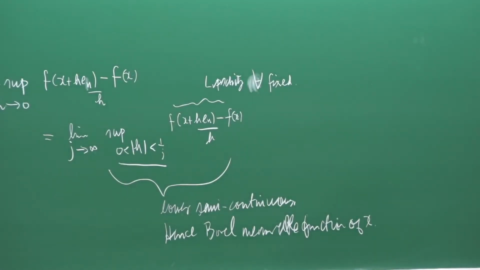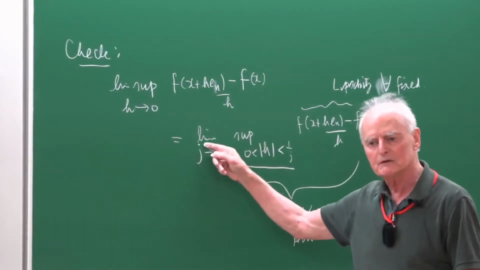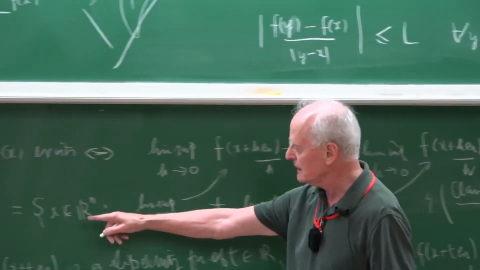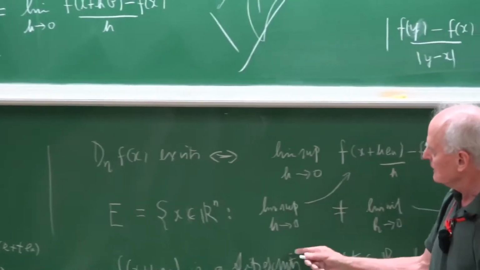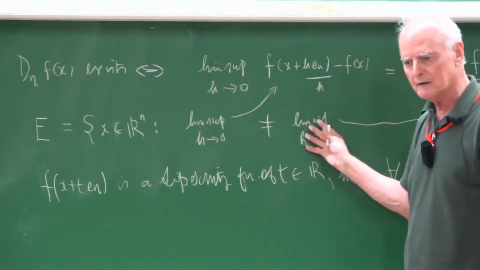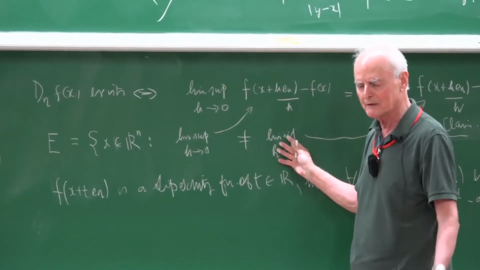And then the limit of a sequence of Borel measurable functions, of course, is again a Borel measurable function. So this set E that we cooked up here is the set of points where two Borel functions differ, where the difference is not equal to 0. Well, that's a Borel set then, by definition.